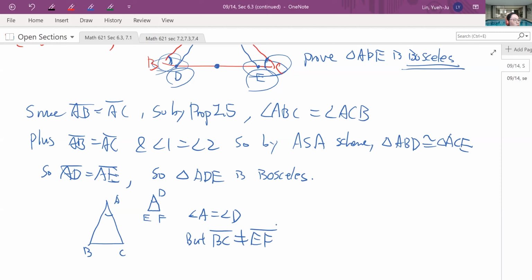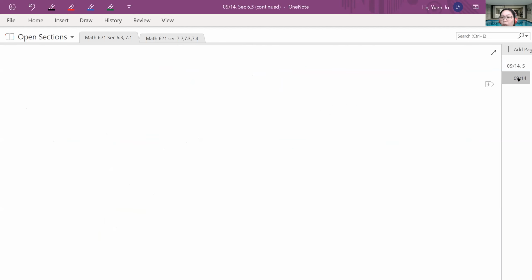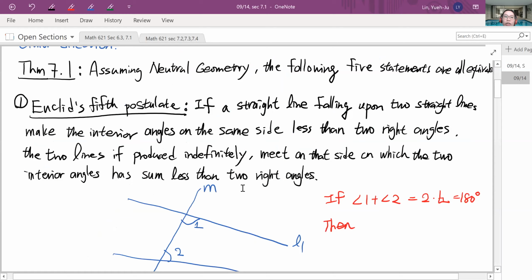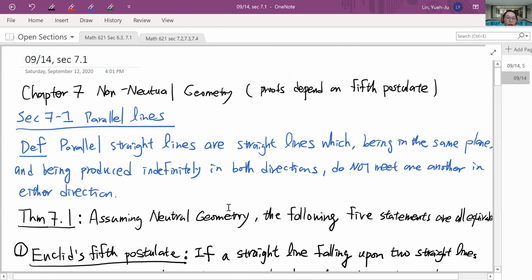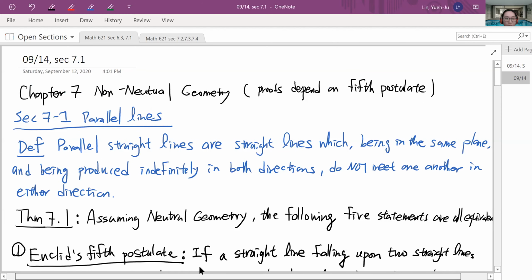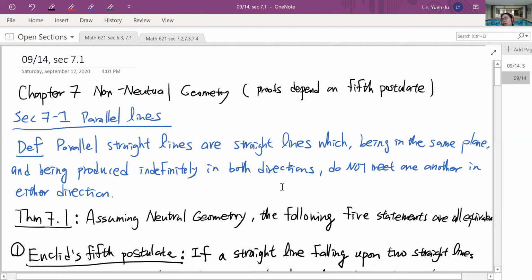Okay, so I'm going to start 7.1. Starting from chapter 7, it's going to be quite special in the sense that this is what we call non-neutral geometry. Let me remind you what neutral geometry is.